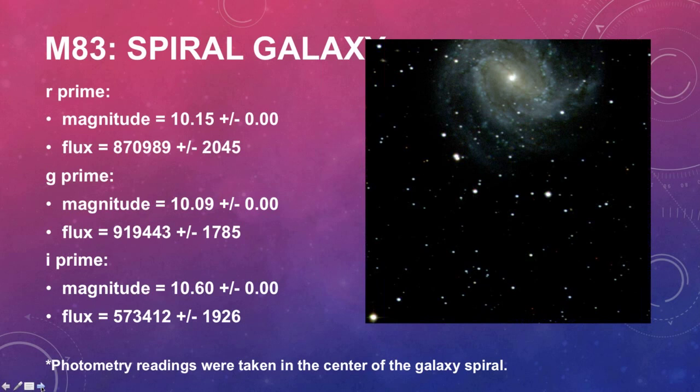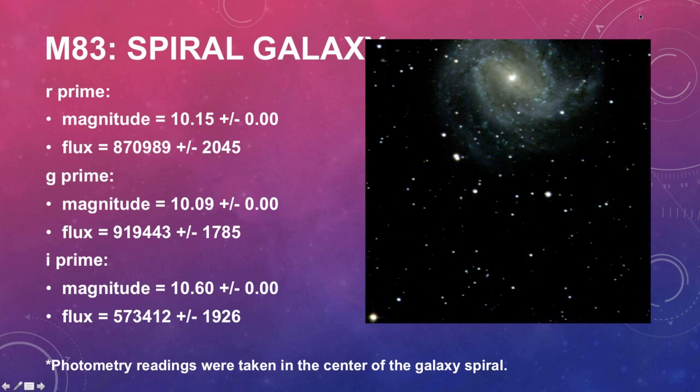So for this one, I put my photo requests in late, and so I hadn't gotten anything good. And these were my requests for the color image and putting that together. So this is the only one I had in 3 different filters. So I thought, well, I might as well look at this in terms of the photometry reading.